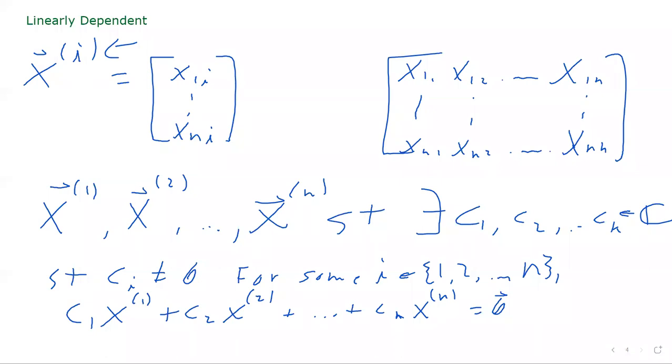So basically we have a linear combination where at least one of the c's is not 0, but the overall thing is 0. This is pretty much what we had before.